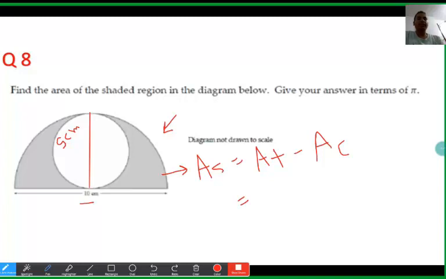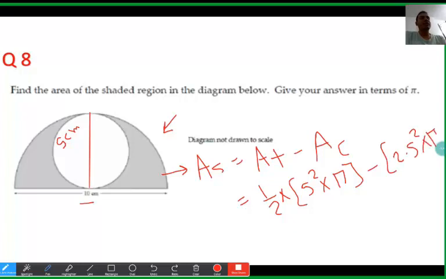A total is half of the area of the circle, which is 5 radius squared times pi, and he didn't give us the value of pi, so we write pi, minus the area of the circle with radius 2.5, because the diameter is 5 centimeters, so 2.5 squared times pi as well.